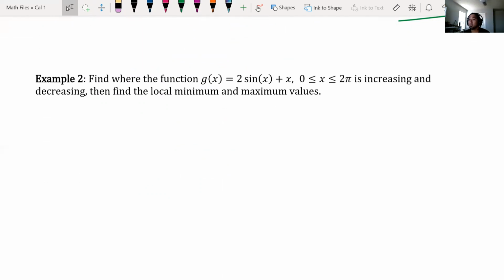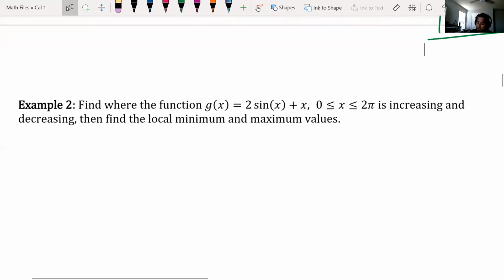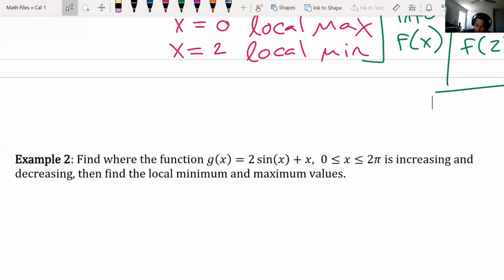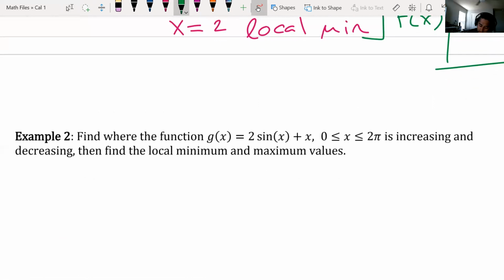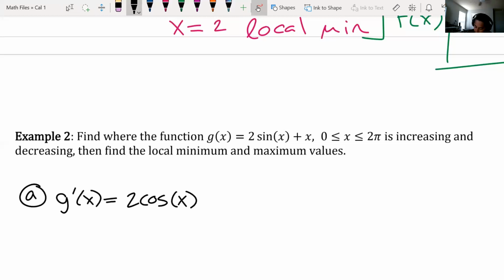All right. So this one says, find where the function 2 sine of x plus x on the interval 0 to 2 pi is increasing and decreasing, then find the local maximums and minimums. Okay, so same exact as the last one. So this means that, let's find the derivative. G prime of x equals 2 cosine x plus 1.